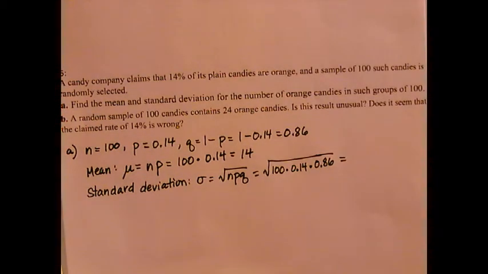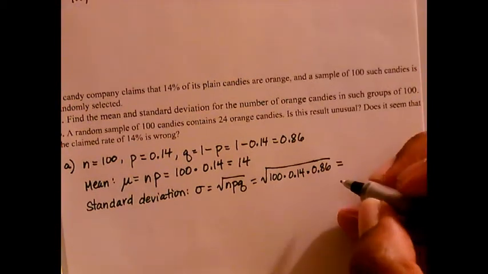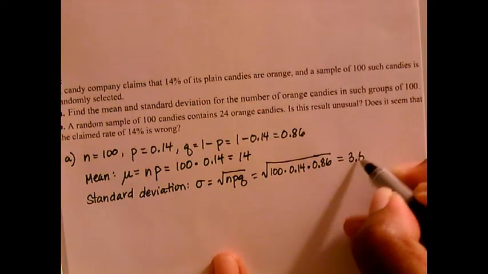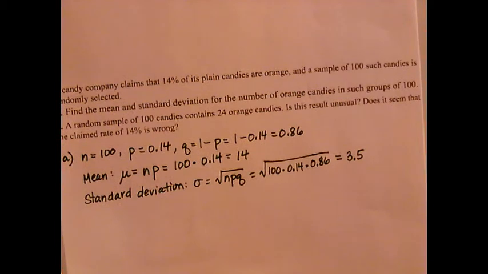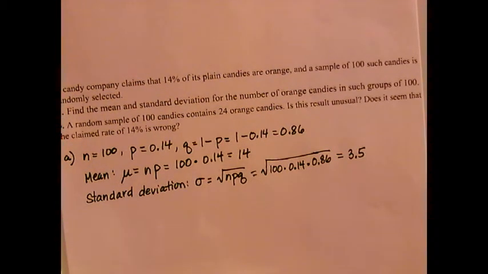Okay, now if you take the square root of 100 times 0.14 times 0.86, to one decimal place, it will be 3.5. So the standard deviation there will be 3.5. So that's part A, finding the mean and the standard deviation.